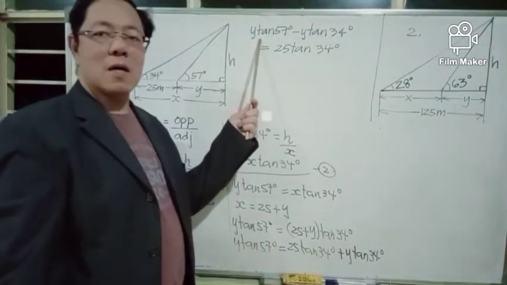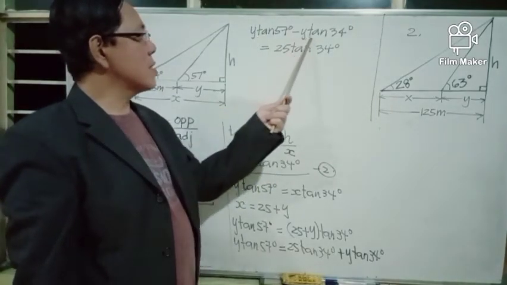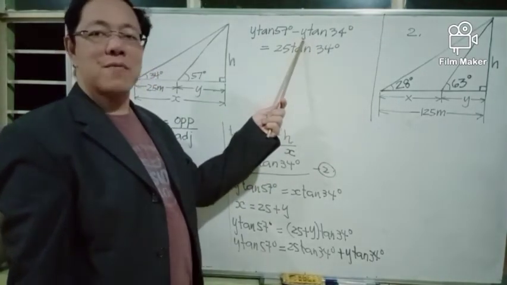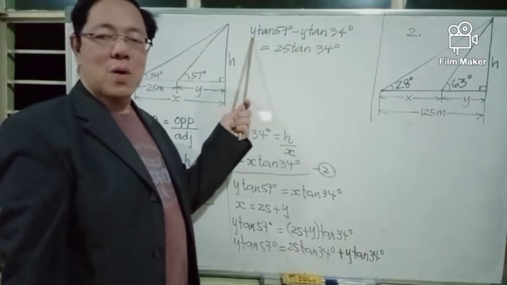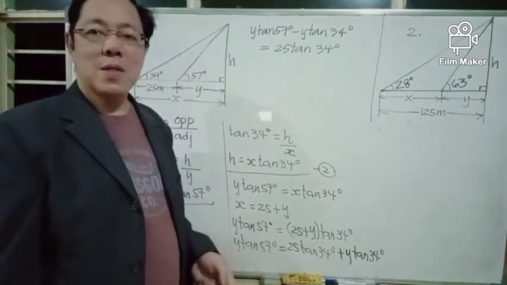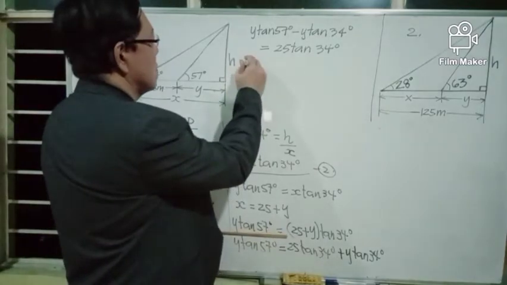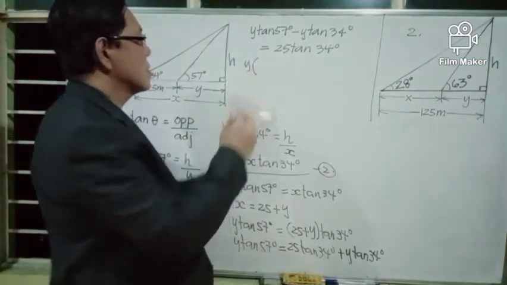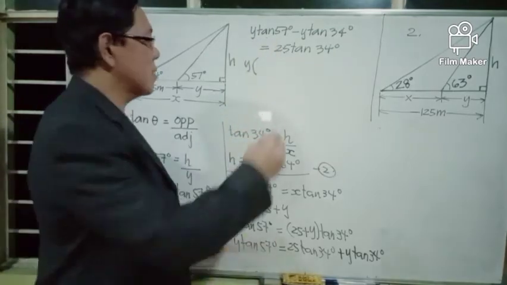From the left hand side, you can see that this first term and the second term have common factor y. And so we factor out y, the common factor, from the terms at the left hand side. We factor y from the first term, we get tangent 57 degrees.